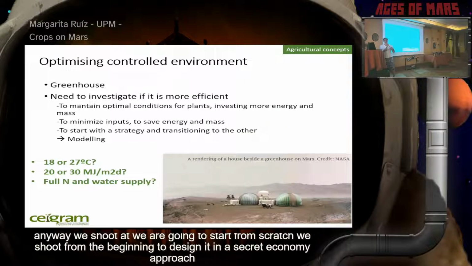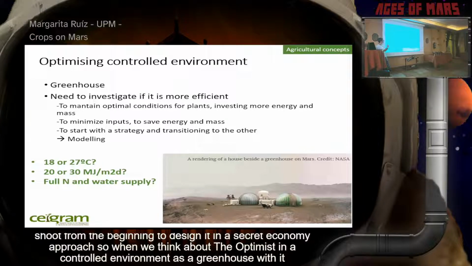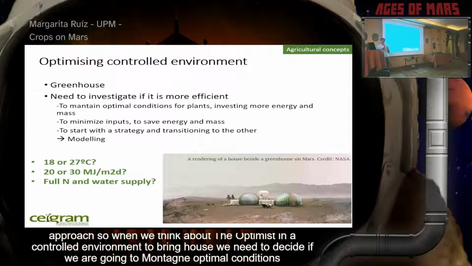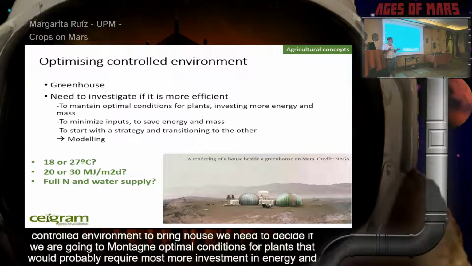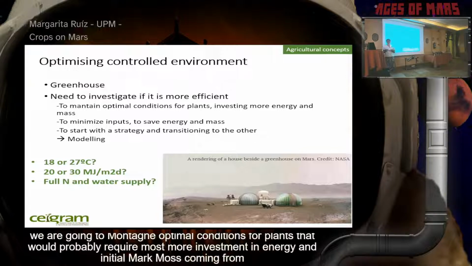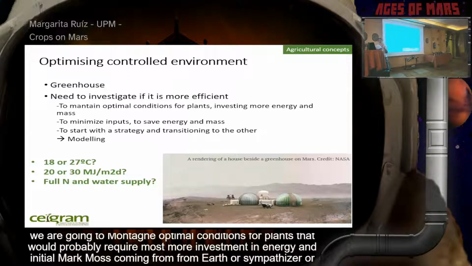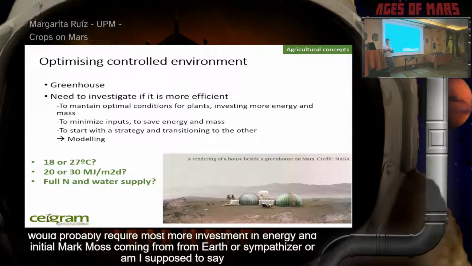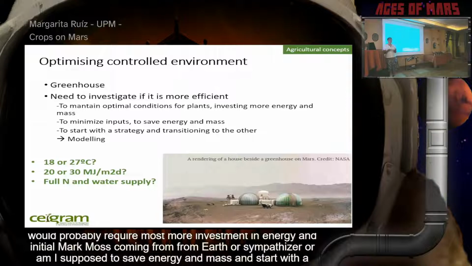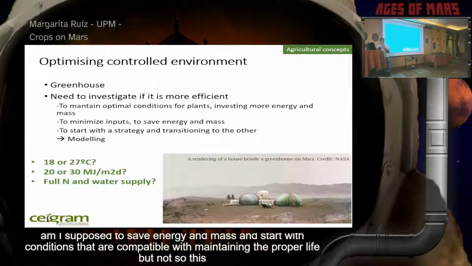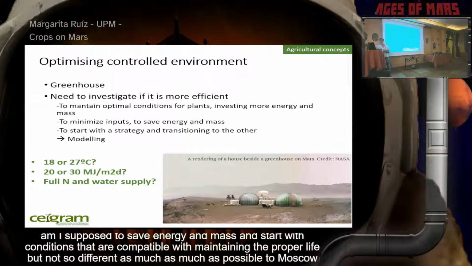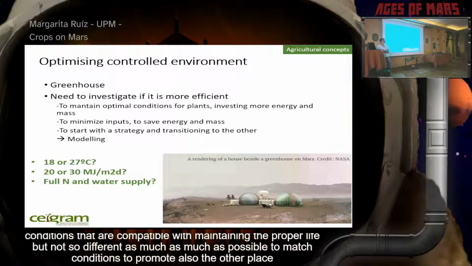So when we think about optimizing a controlled environment such as a greenhouse, we need to decide if we are going to maintain optimal conditions for plants, which would probably require more investment in energy and in initial mass coming from Earth or synthesized there, or to minimize inputs to save energy and mass and start with conditions that are compatible with keeping the crop alive, but as close as possible to Mars conditions, to also promote the adaptation of our crops to Martian conditions.